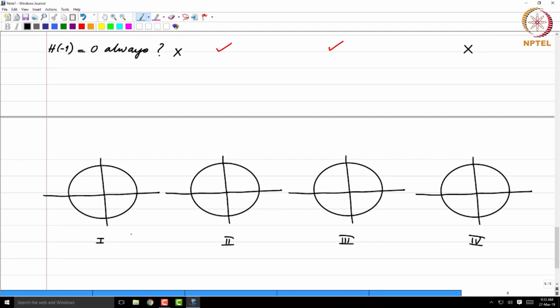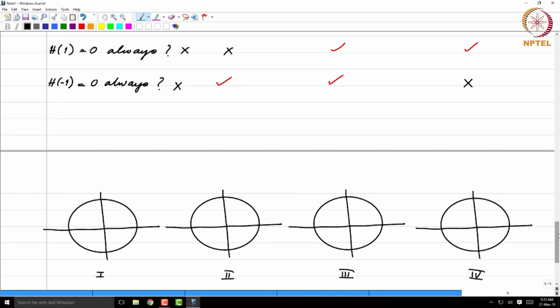So, type 1 there is no constraint, no 0 either at z equal to 1 or minus 1, whereas for type 2 there is always a 0 at minus 1. For type 3 you have zeros both at z equal to 1 and z equal to minus 1, and type 4 you have a 0 at z equal to 1. So, no matter what the coefficients are, you are guaranteed that these zeros will be present given the nature of symmetry of these sequences.